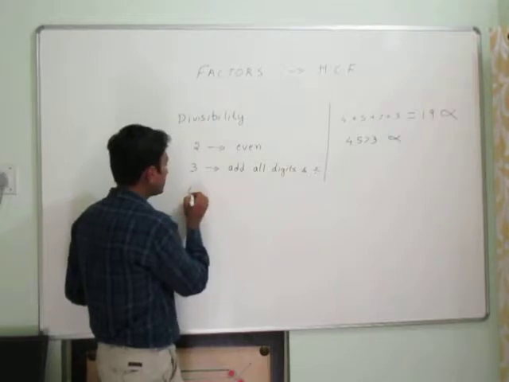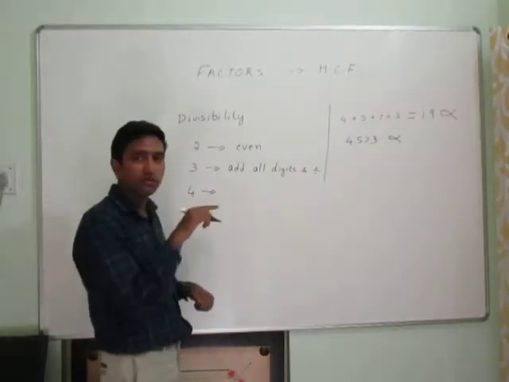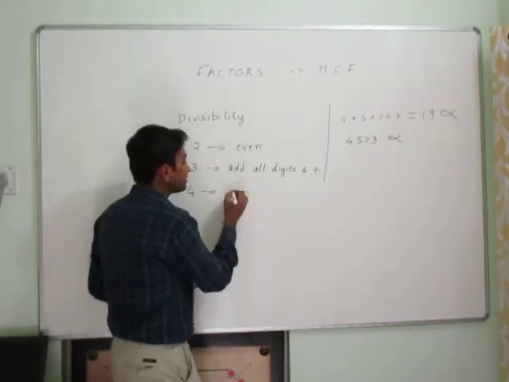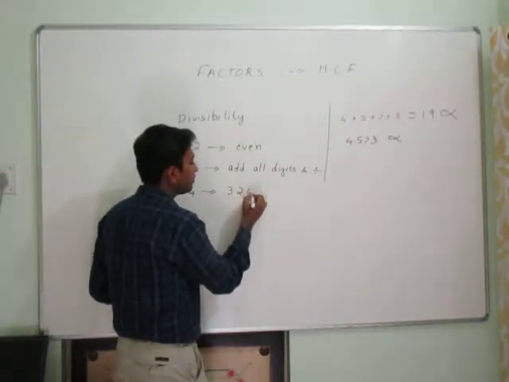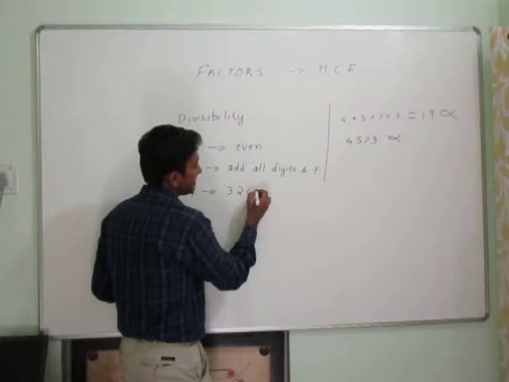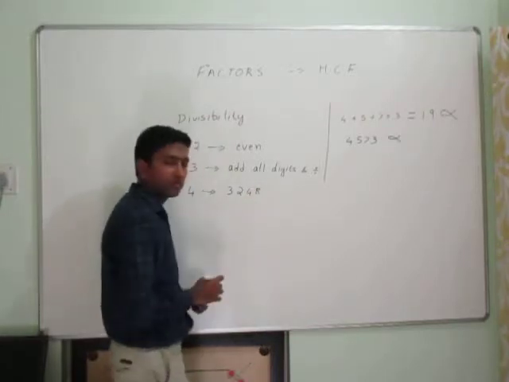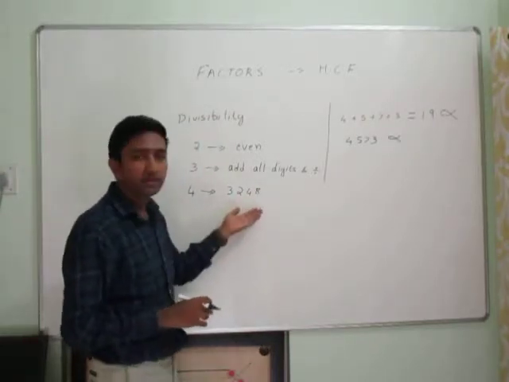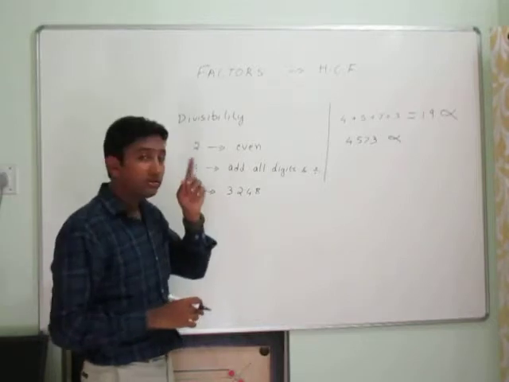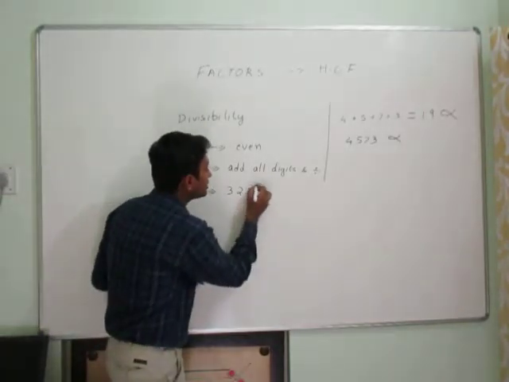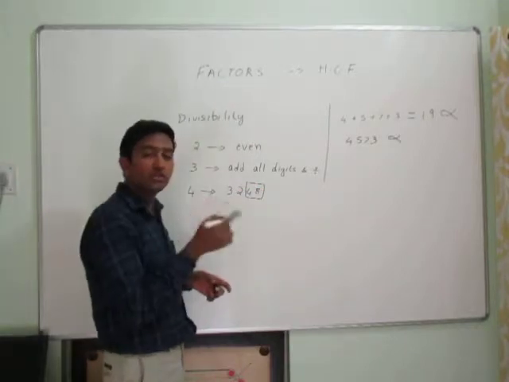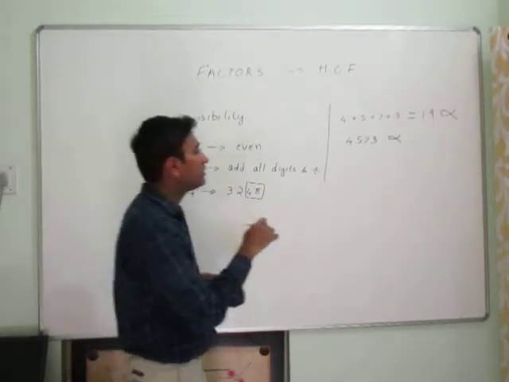Next, 4. What was the trick for 4 I had taught you? Again, let us consider another number, 3248. I want to check whether it is divisible by 4 or not. The trick I told you was, consider the last 2 digits. Check whether the last 2 digits is divisible by 4.